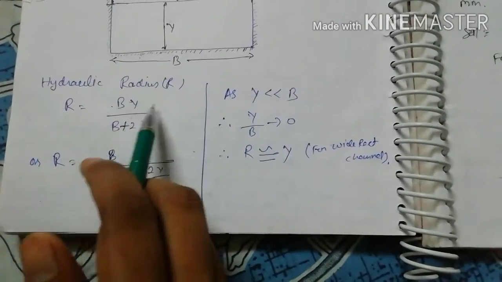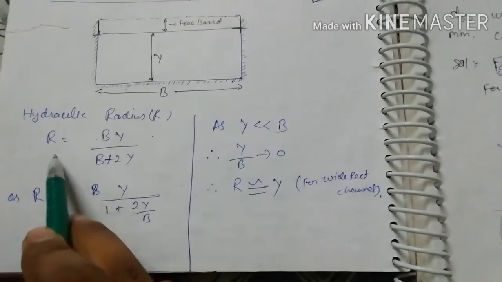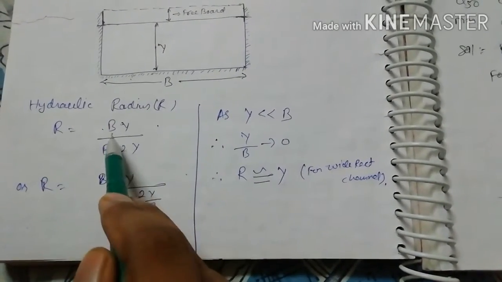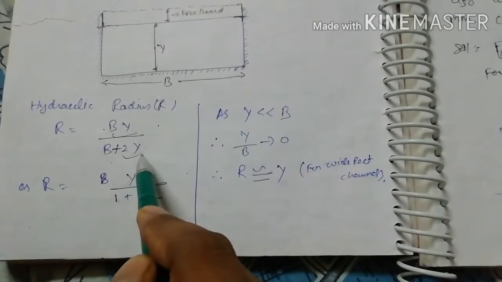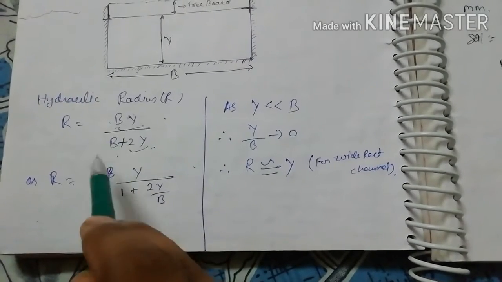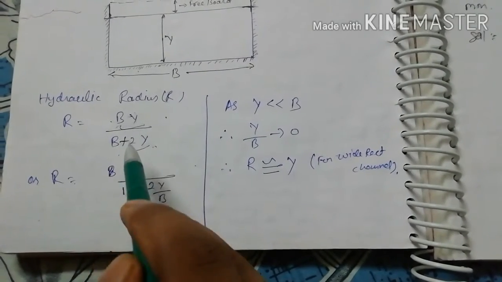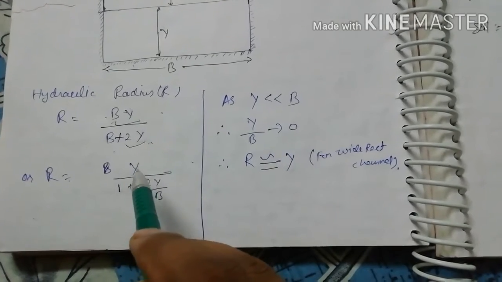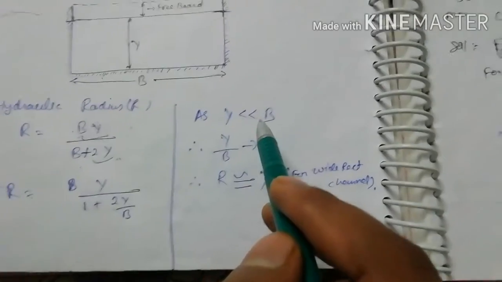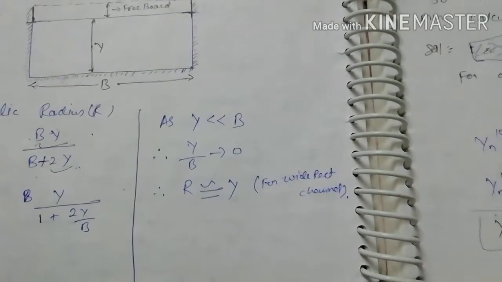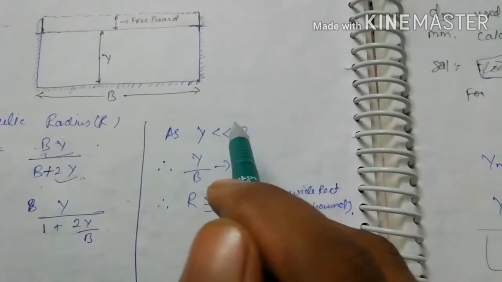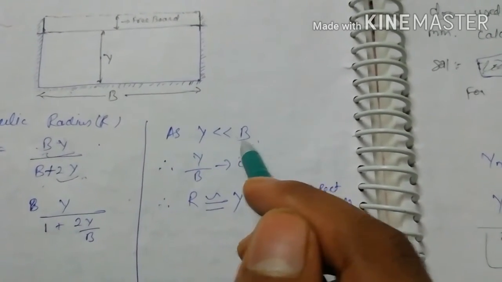So now hydraulic radius for a wide rectangular channel is written as R is equal to by upon b plus 2y. This is area and this is perimeter, wetted perimeter. So R is equal to, we cut b from both denominator and numerator, so y upon 1 plus 2y by b, and then as y is much less than b, I have told you that the depth of a wide rectangular channel is much less than its width.